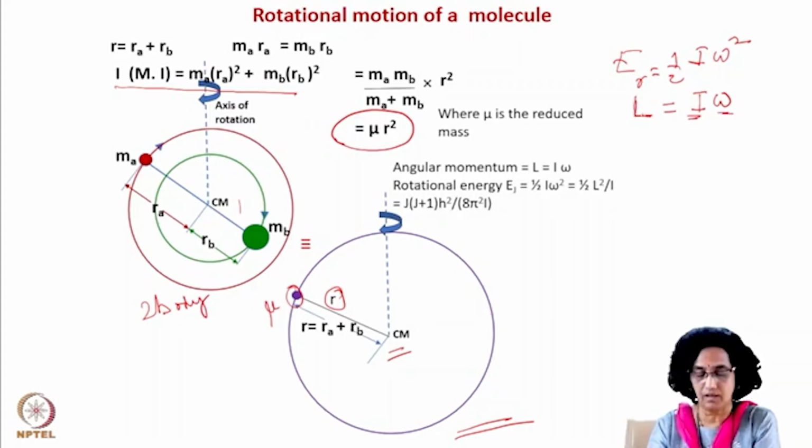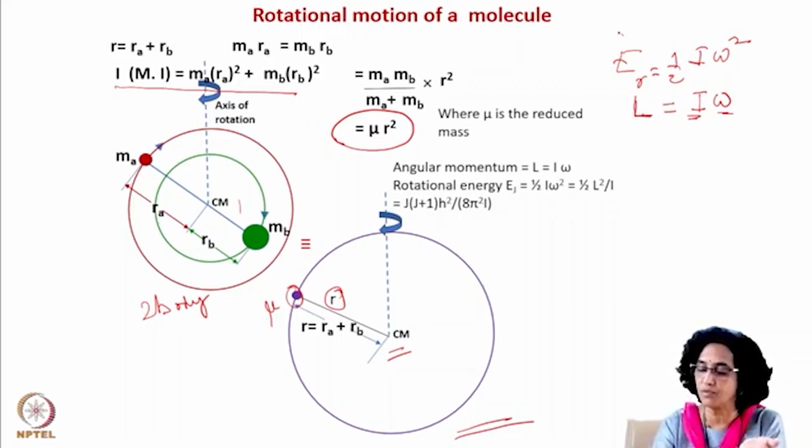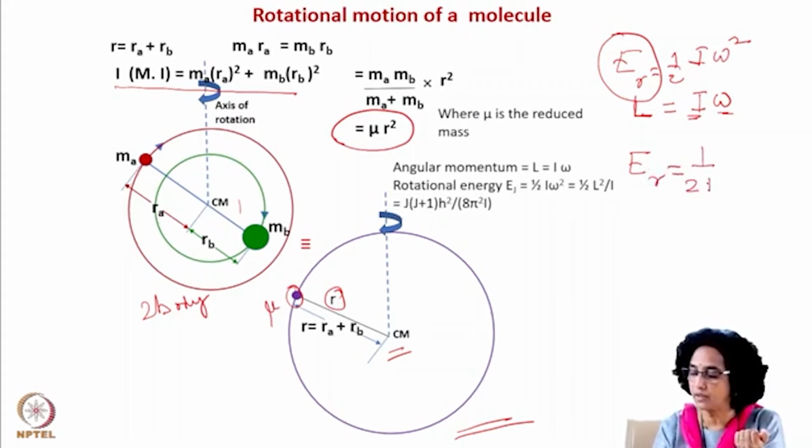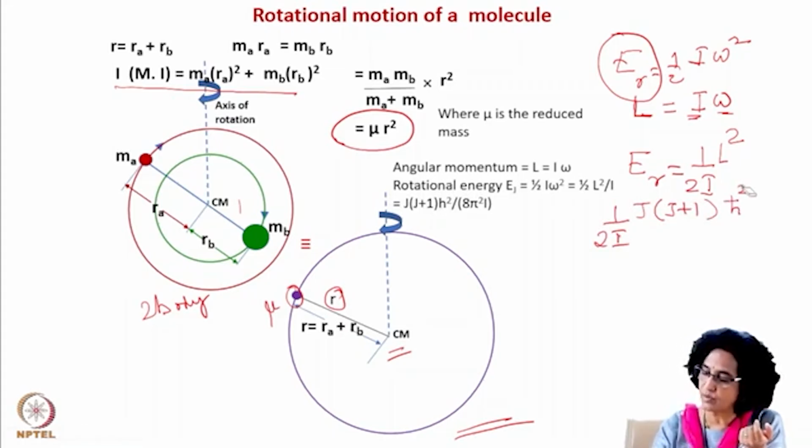Angular momentum of these rotational levels is quantized, and therefore so is the rotational energy, and therefore E_R, when you substitute L here, becomes 1 by 2I into L square. Now L is quantized, so this can be rewritten as 1 by 2I into J into (J plus 1) h cross square, where h cross is actually h upon 2 pi, so (h by 2 pi) whole square.